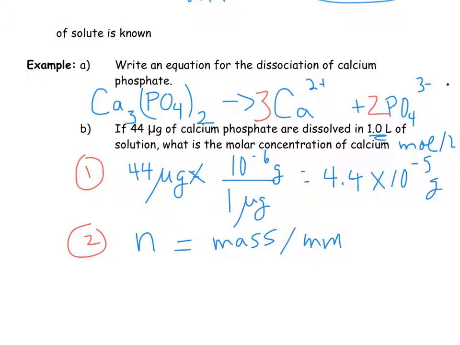When I look up the molar mass of calcium phosphate, I am getting 310.18. So I'm going to include that. So 4.4 times 10 to the negative 5 grams divided by 310.18 grams per mole.